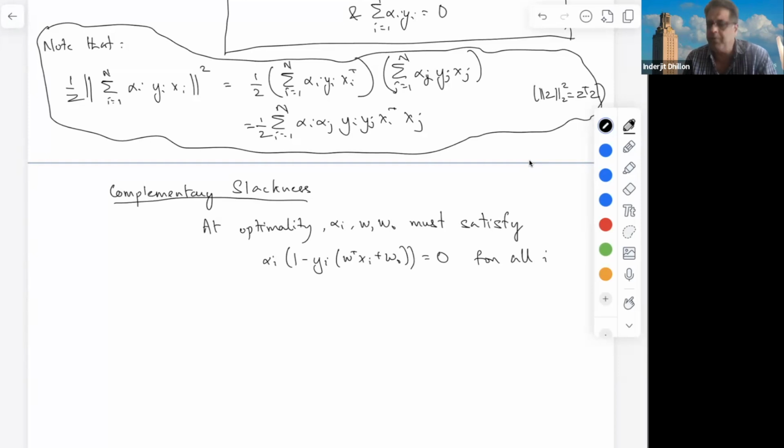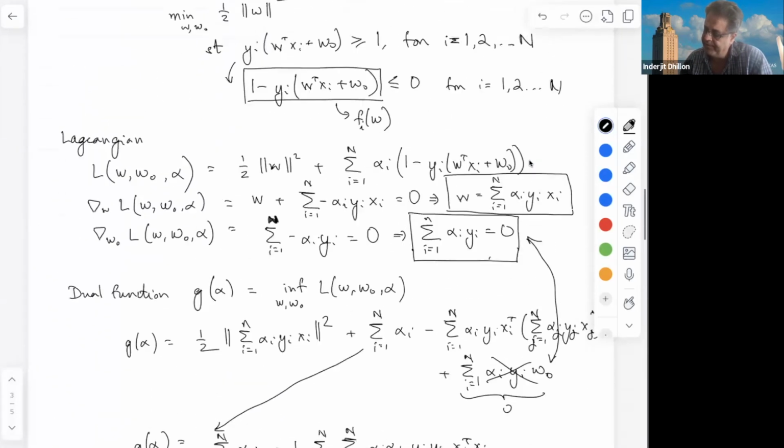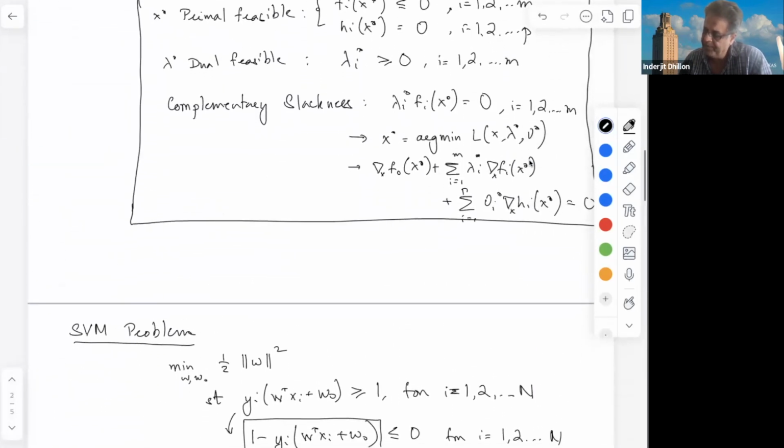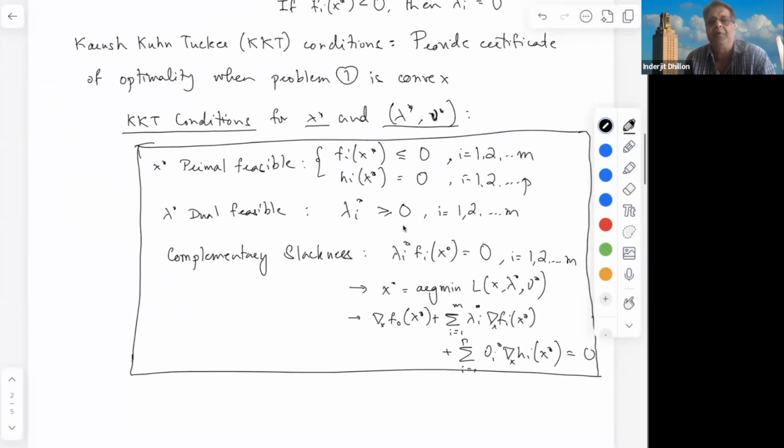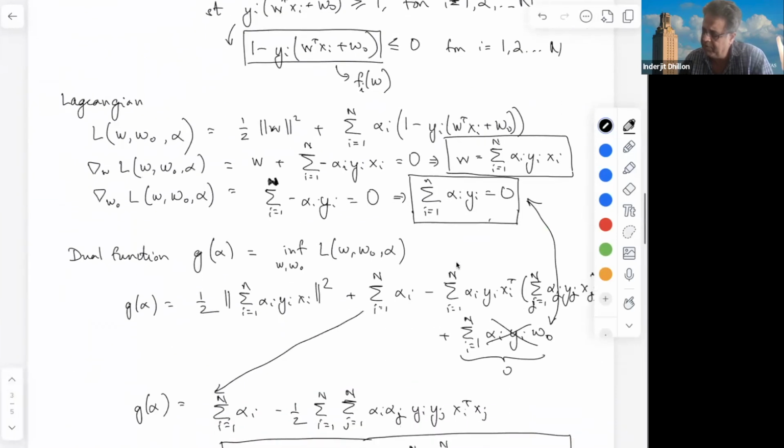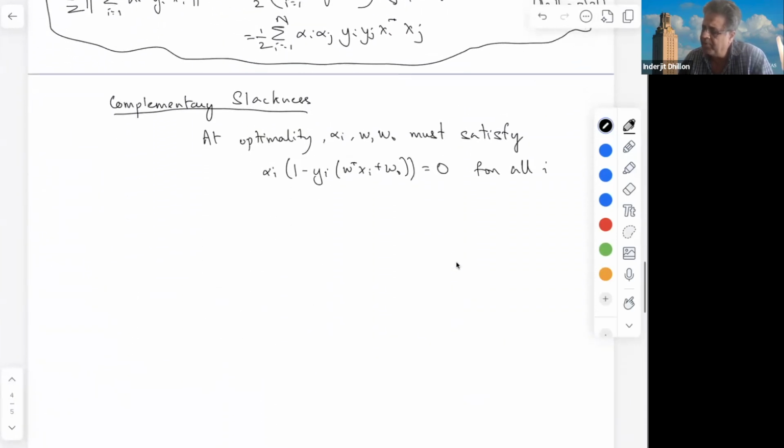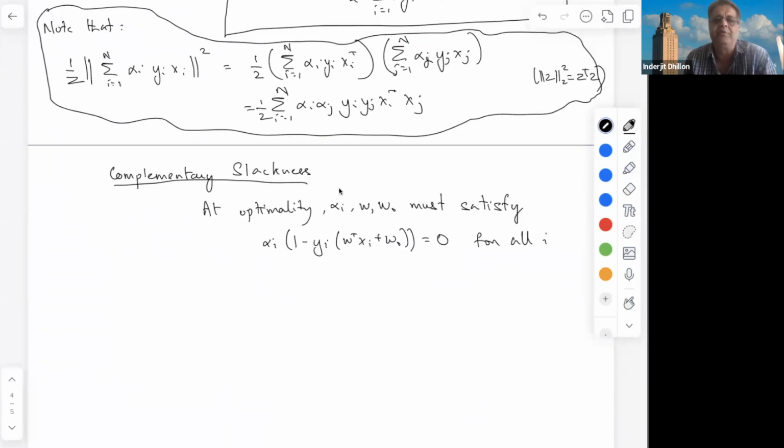That's exactly the complementary slackness condition over here: the Lagrange multiplier times the inequality constraint must be equal to 0. I'm not writing the stars here, but these are optimal solutions.